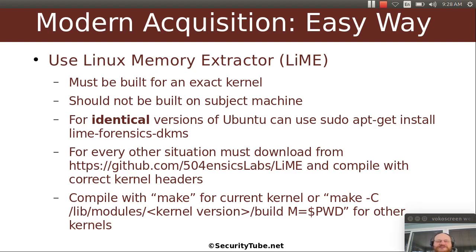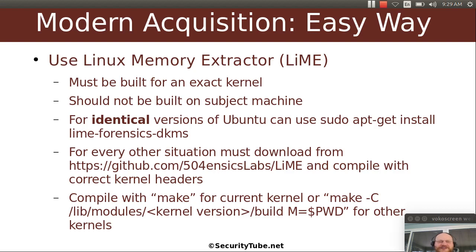So for every other situation, you need to go to the GitHub for LiME. By the way, those of you who might have read a very good book called The Art of Memory Forensics that came out recently, all about how to use volatility, you might note that they have outdated links in that book, which is not surprising given how books are made and how long it takes.